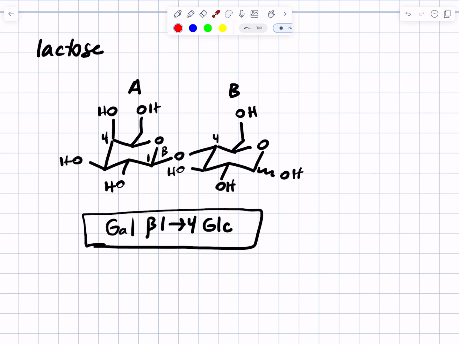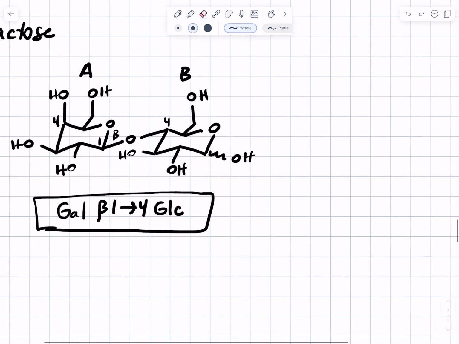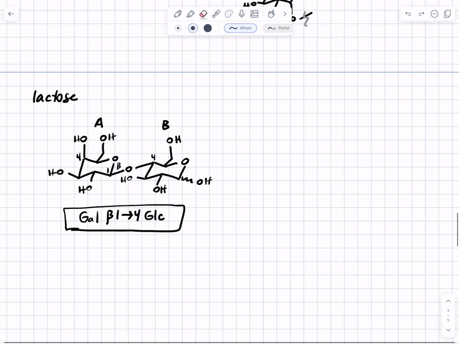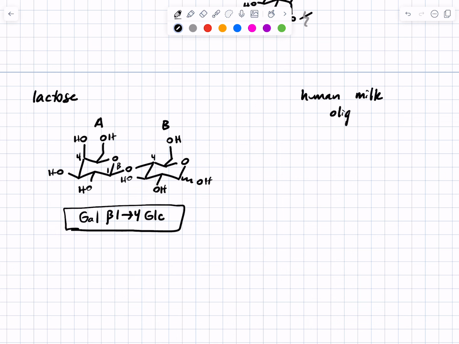When you were an infant, your diet was exclusively human milk. And human milk has an oligosaccharide in it that looks a lot like galactose. I drew it for the 9 o'clock class, so I guess I'll draw it for you. You don't need to memorize it, but this is one of the oligosaccharides that's present in human milk.